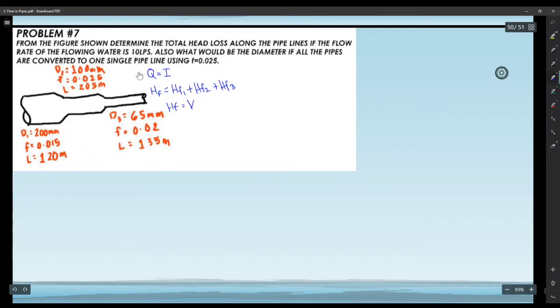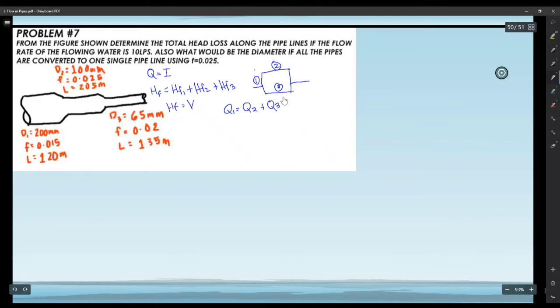So, for a parallel connection, what happens when it is parallel? When the connection is parallel, for example, like this, let's say this is 0.2 and this is 0.3. So, what happens there is that your flow rate, for example this is 1, the flow rate in 1 is equal to 2 plus 3.